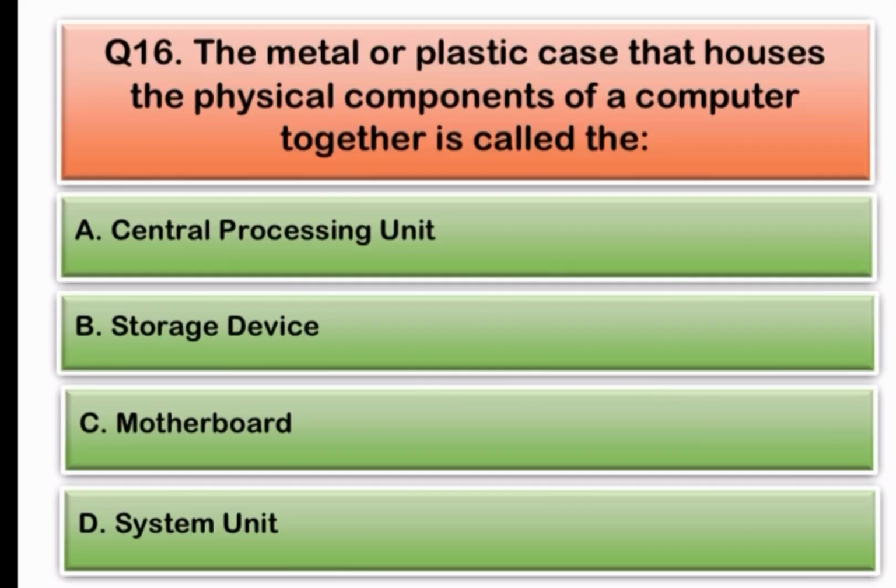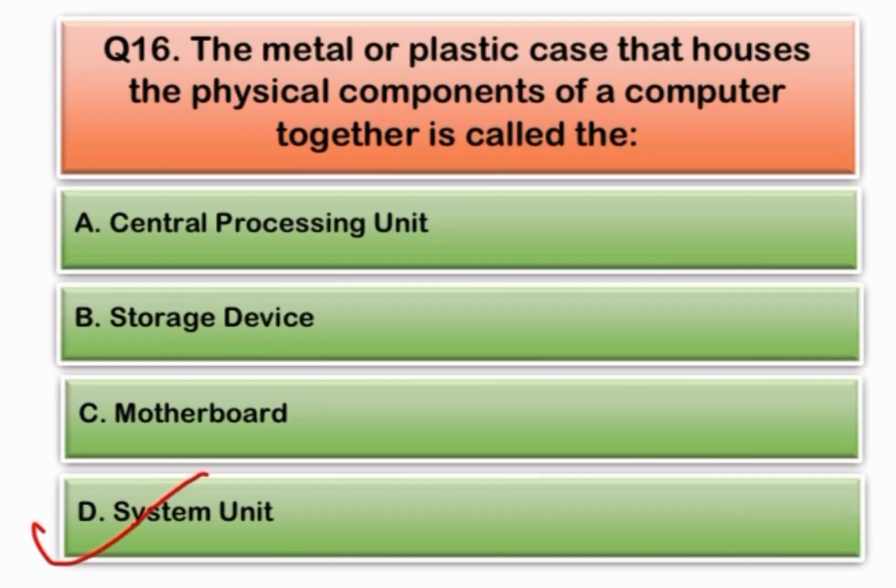Question number 16. The metal or plastic case that houses the physical components of a computer together is called the central processing unit, that is CPU, storage device, motherboard, system unit.